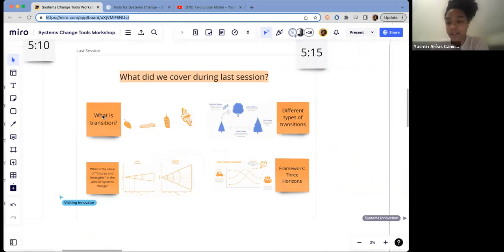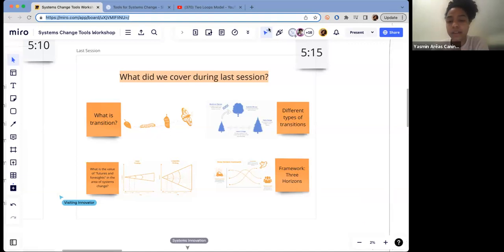And where we can actually witness transitions taking place: in nature around us, in organizations, for example, in our own bodies, in our own family. These are some of the ideas that we brought up last week.